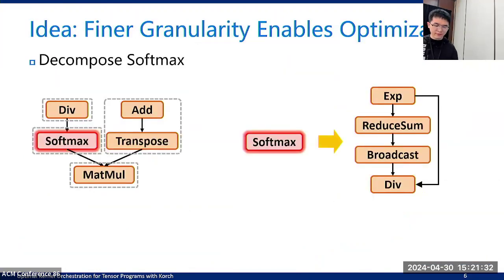So based on those observations, our first motivation is to decompose those sophisticated operators into finer-grained ones with unified levels of parallelism. For example, this is how we can decompose softmax into 4 finer-grained operators: element-wise exponential, reduce sum, broadcast, and element-wise division.